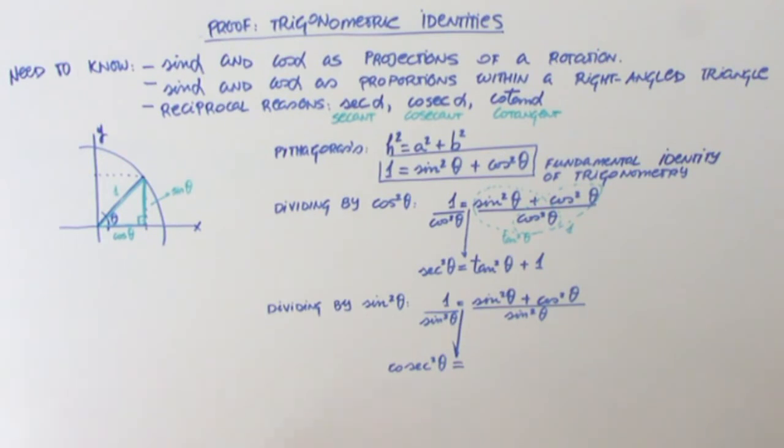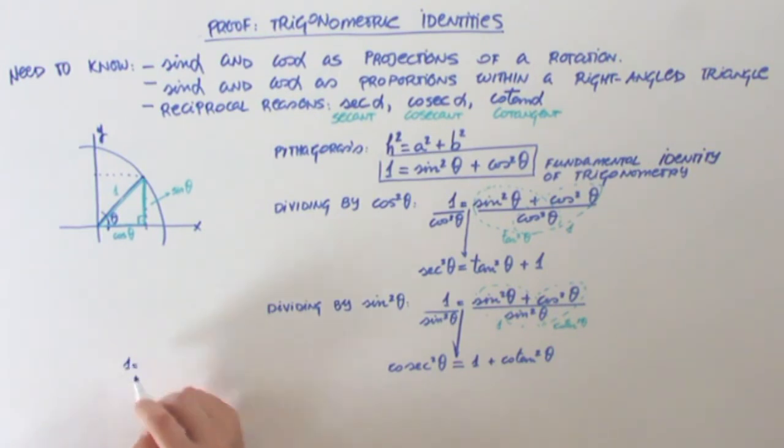And on the other side, what I've got is a sine square over sine square, which would be 1, and then a cosine over sine, even if it's square, that is a cotangent. So in our case, a cotangent square. So now I know that the cosecant square of theta equals 1 plus the cotangent square of theta.